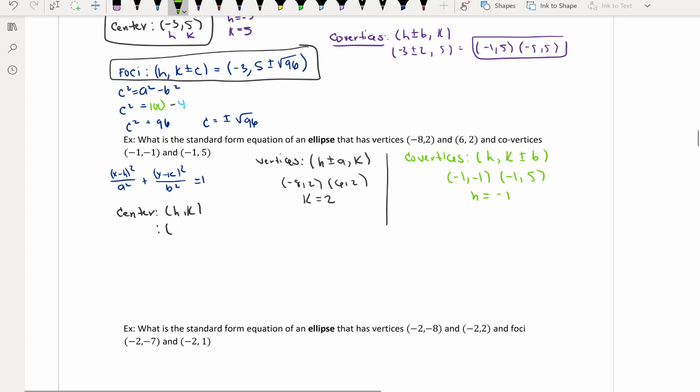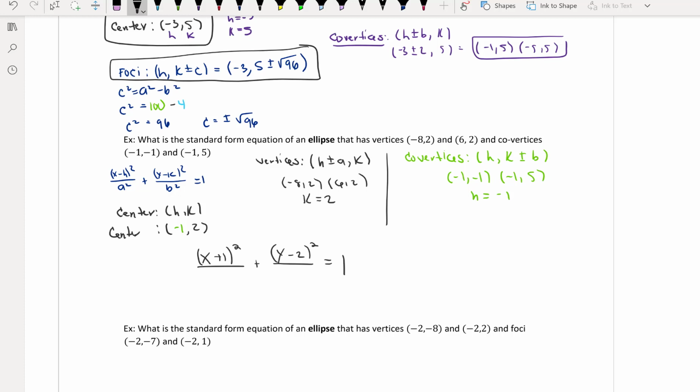So here the h value is negative 1, and my k value is 2. So now I know my center. So when I rewrite this, I'm going to have x plus 1 squared over my denominator plus my y minus 2 squared over my denominator equal to 1.